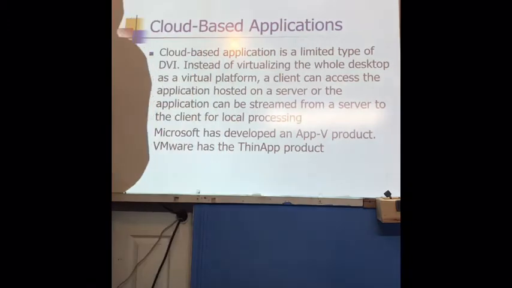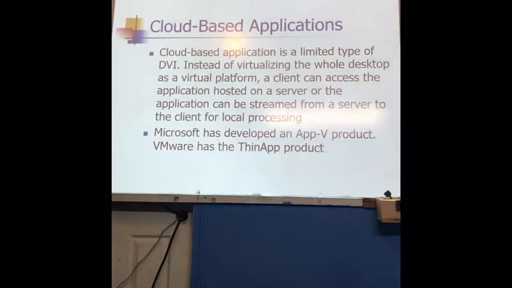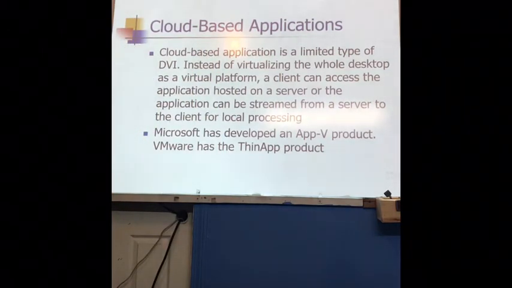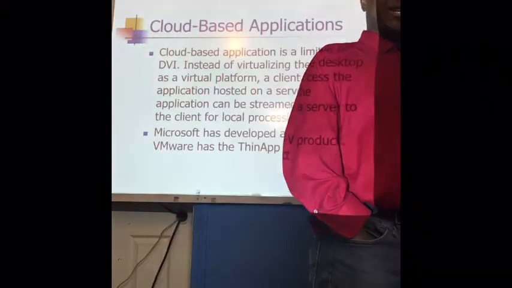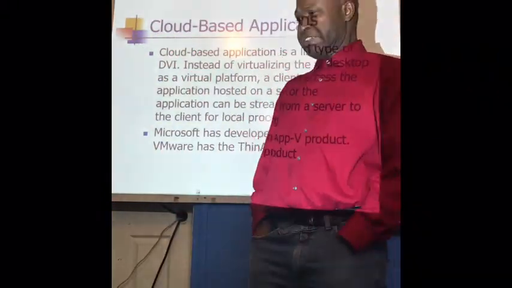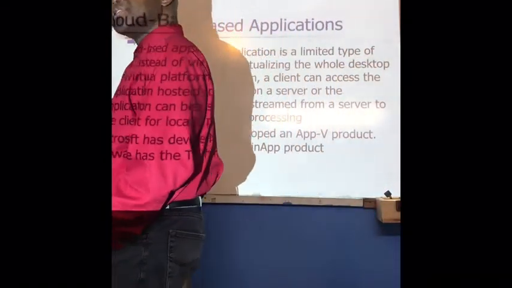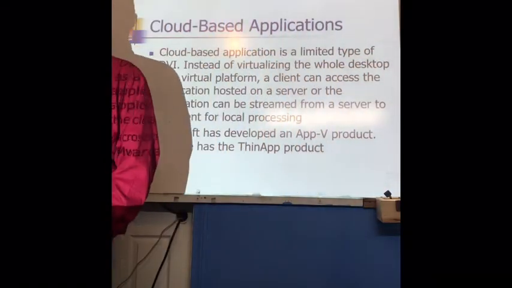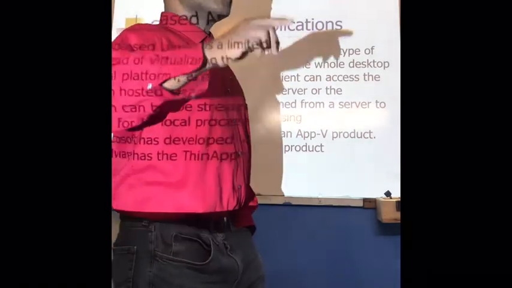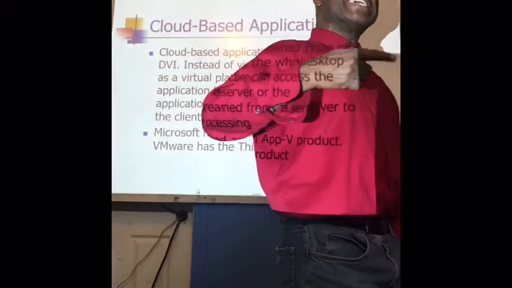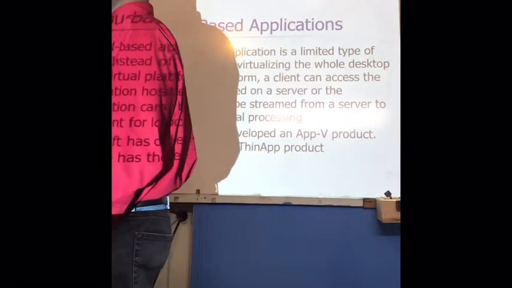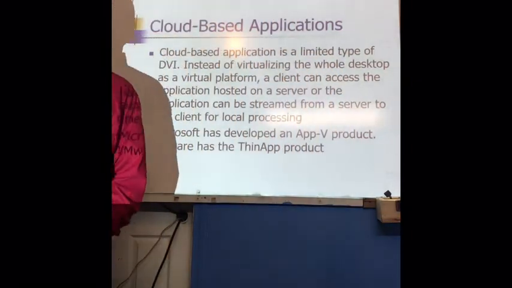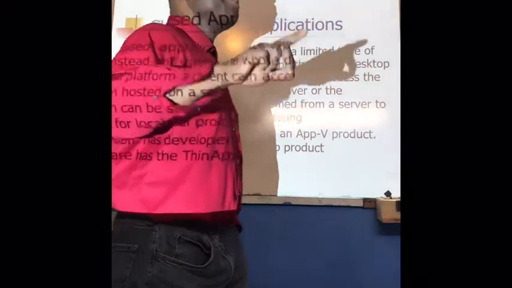Some applications require at least 2 gig of RAM. But when you are running that same application on your smartphone, certainly your smartphone does not have space for this. But once you are running an application from the cloud, these physical requirements are eliminated.